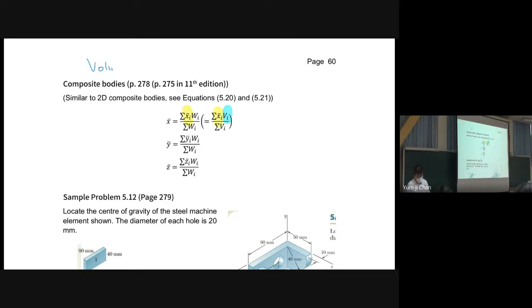Volume is Vi here. If we know the centroid x bar, y bar, and z bar of all the different parts of the volume, then we can determine the center of the whole composite body.